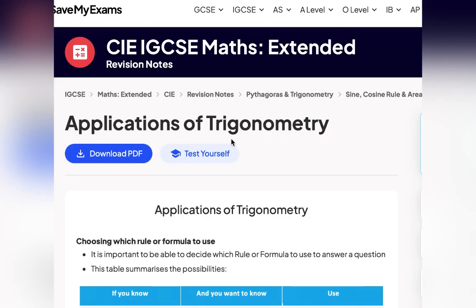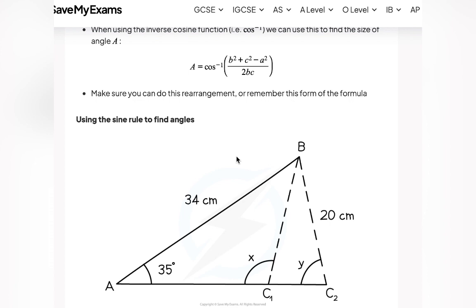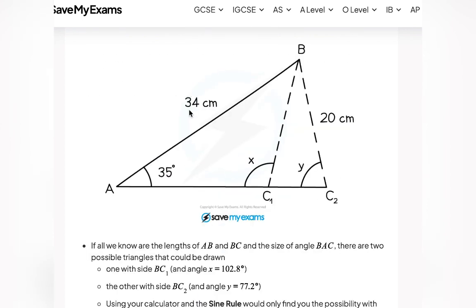For example, if you know two sides here and here, and the angle opposite one of the sides is given, but you want to know the angle opposite the other side, then you use the sine rule.